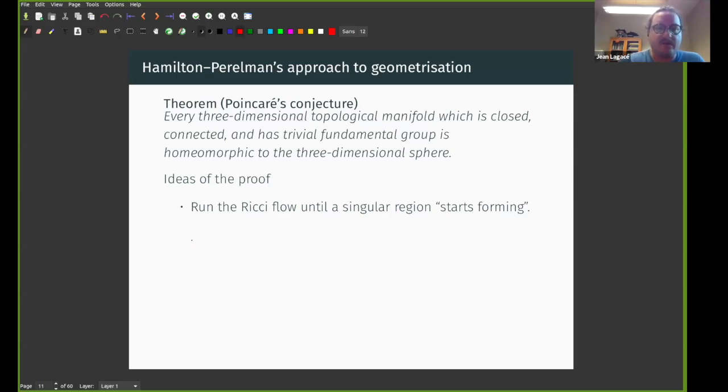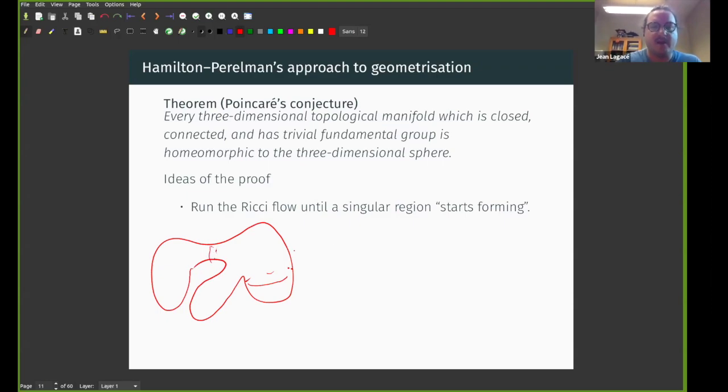Basically the idea is you start with, okay, this drawing is not how you want to think about it. You want to start with maybe some sort of complicated thing that you believe might be homeomorphic to a three-sphere. You run the Ricci flow on this.